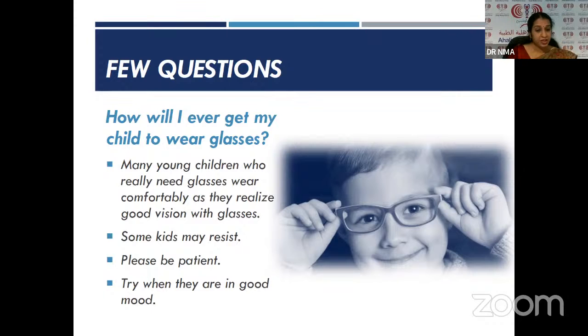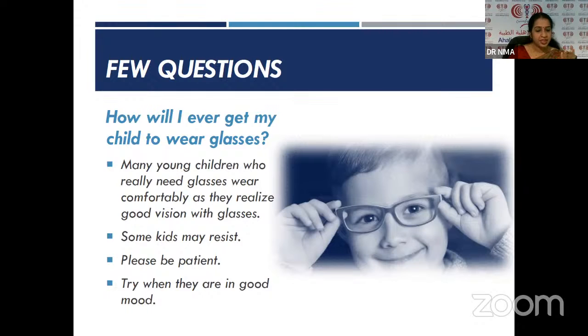And especially during the next visit, after a 6-month visit, they will tell me the first thing when they get up from the bed is to ask for the glasses, because now he knows this is his good vision. So those who really need glasses will wear them comfortably because they know that is the good vision.